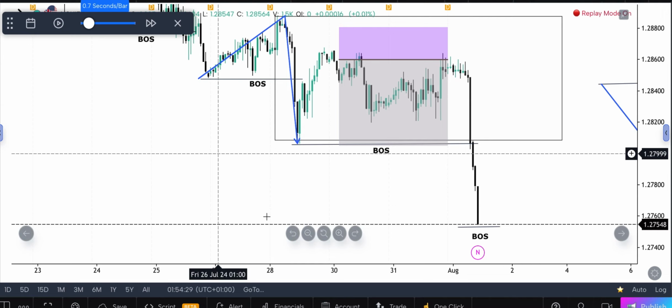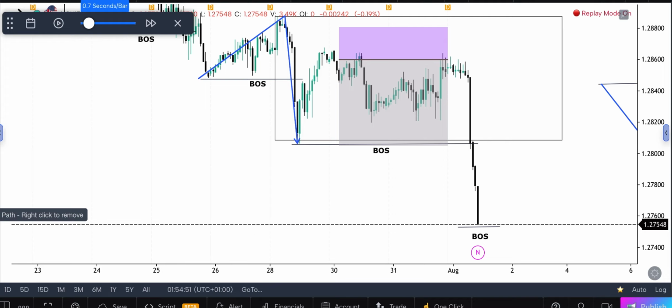As long as price keeps trending and breaking the previous high, we are bullish. But as long as price keeps breaking the previous low, we are bearish. That is all you need to know on market structure.